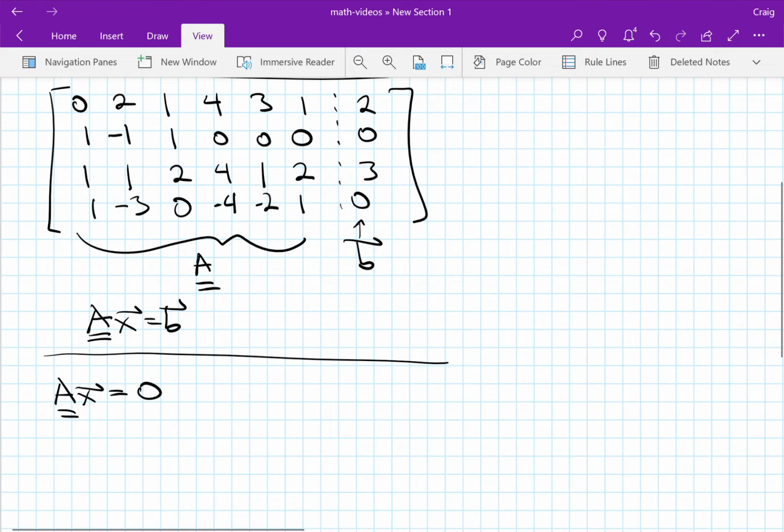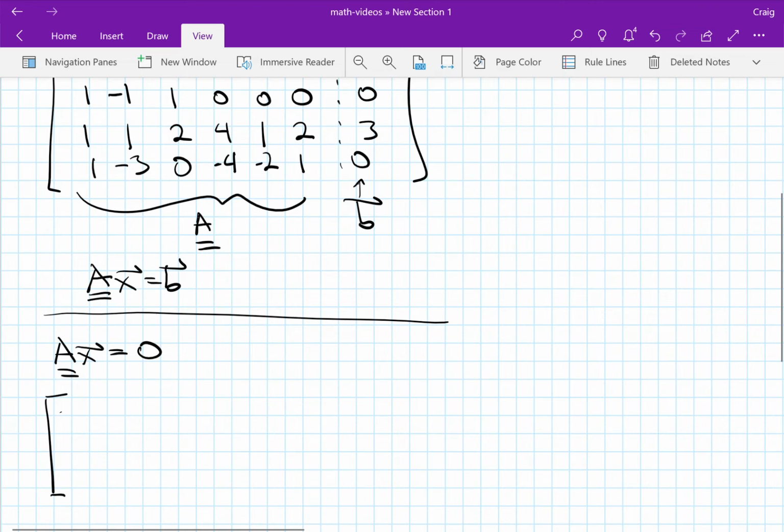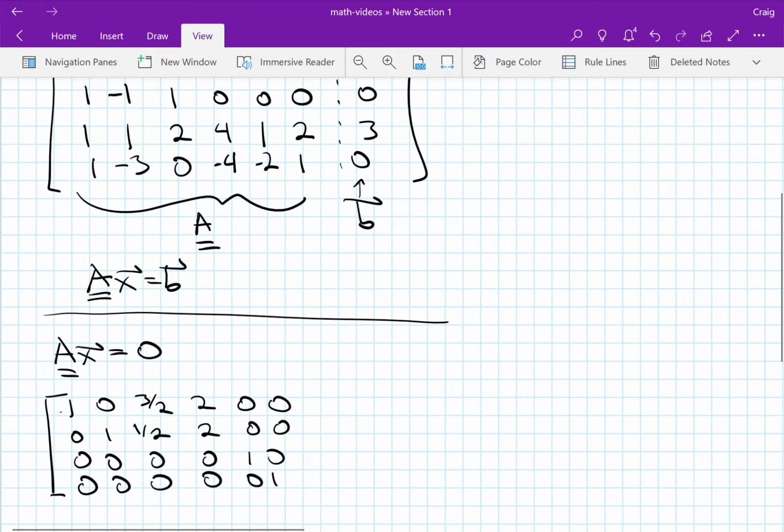So the matrix A is row equivalent. That means after we do the Gaussian elimination to get it into row-reduced echelon form, the reduced matrix reads 1, 0, 3 halves, 2, 0, 0, 0, 1, 1 half, 2, 0, 0, 0, 0, 0, 0, 1, 0, and 0, 0, 0, 0, 0, 1.